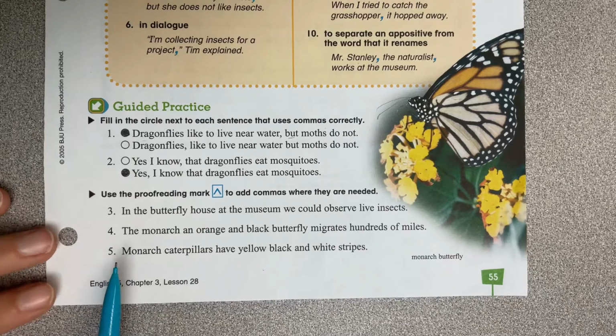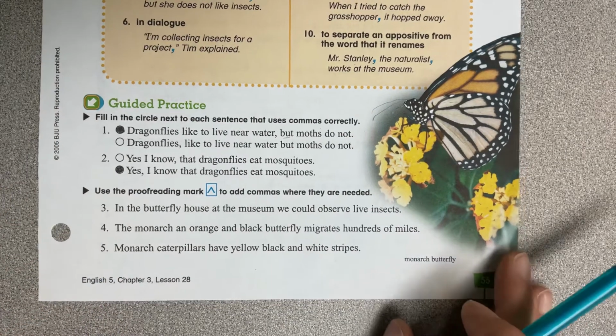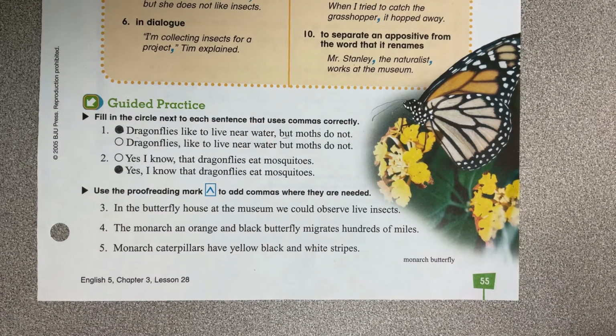Let's come down here to number 3. We're going to use the proofreading caret mark a lot because we're going to add commas where they need to be. So number 3 says, in the butterfly house at the museum, we could observe live insects. So we want to think about where our voice naturally pauses. So let me read that one more time. In the butterfly house at the museum, we could observe live insects.